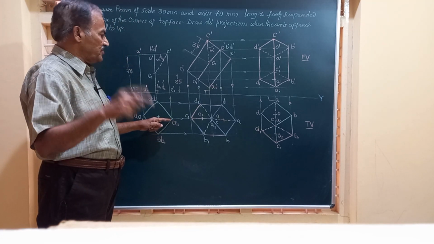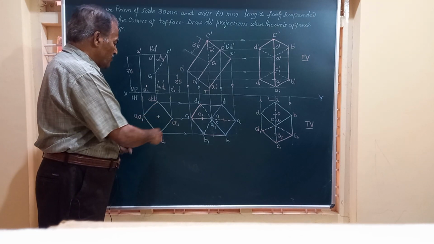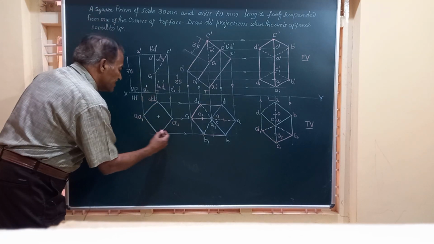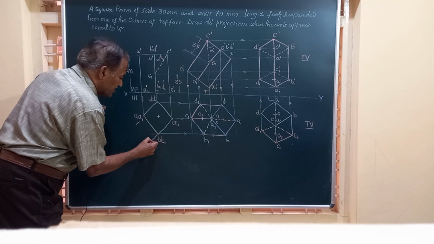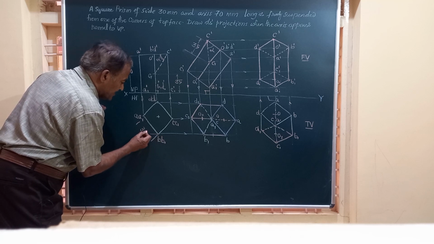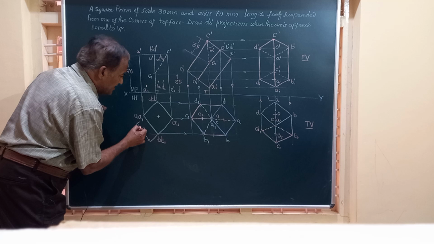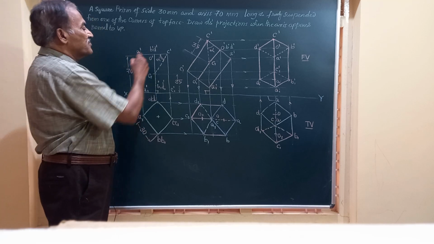So since it is a square prism, I am writing the top view, a square of 30 millimeter square. This has got a dimension of 30 millimeter. You can say 30 SQ or simply 30, and obtain the front view.